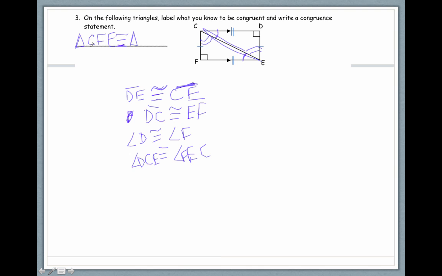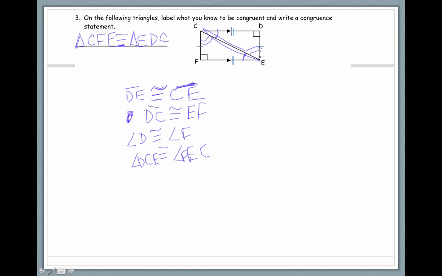FEC was congruent to DCE. F and D have to be in the same place. So FEC was congruent to DCE.